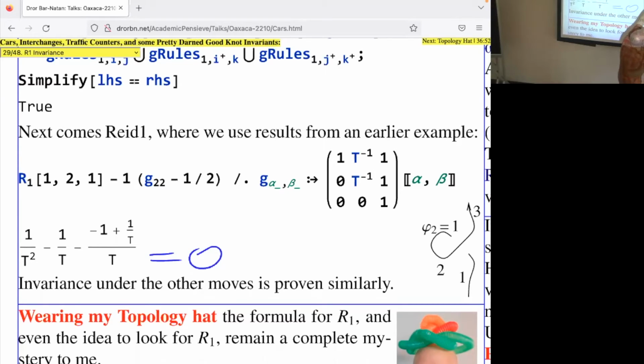I let the computer compute it, but again, I could have done it by hand, and the computer tells me that the answer is this, and this I actually did by hand to prove to you that I can do things by hand when I really need to. So you compute this, I did by hand, it comes out to be 0, which is the contribution from the other side of the Reidemeister move. So we have invariance under Reidemeister 1, and invariance under the other Reidemeister moves is proven similarly.